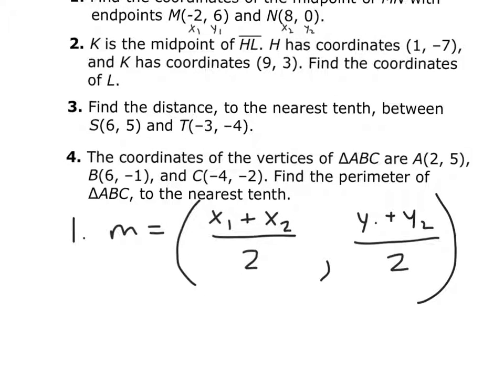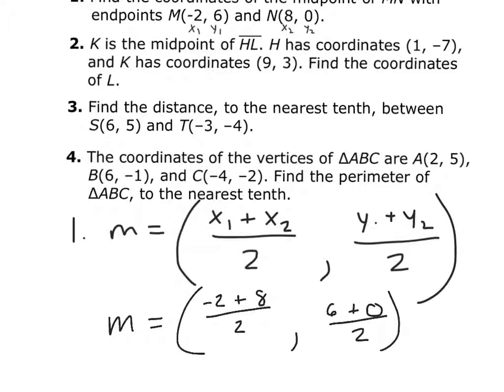So now we can just plug in the numbers into the formula that we have. So we have x1 is -2 plus x2, which is 8 over 2, and y1 is 6 plus y2 is 0 over 2. It helps to label them like how we did up here.